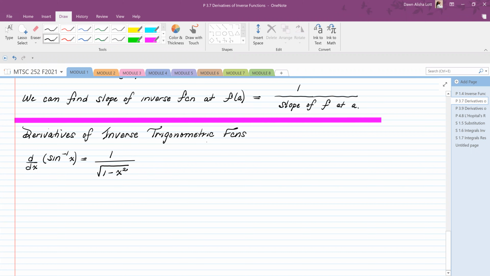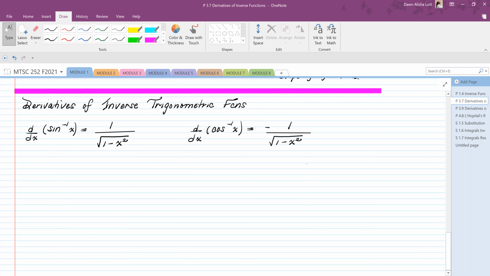And the derivative with respect to x of cosine inverse of x is -1 over the square root of 1 minus x squared. Okay, so the good thing is the derivatives of the co-functions are just like before. They're just negative.